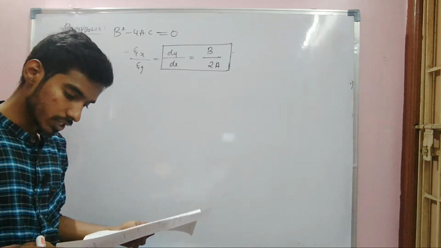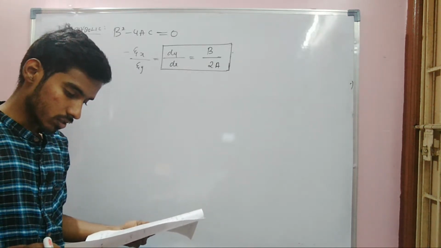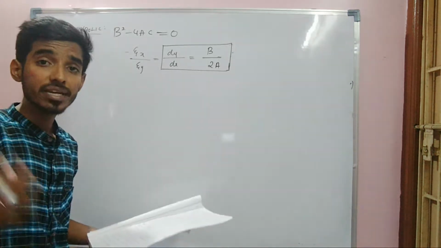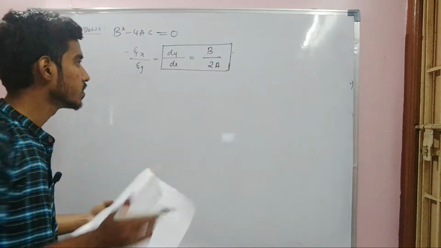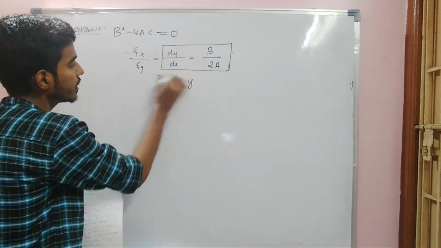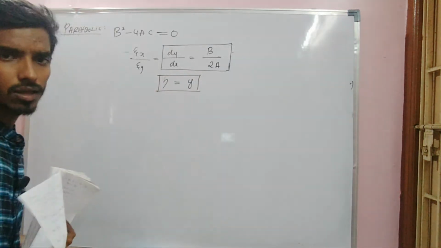Eta can be chosen in a way such that the Jacobian is not 0, right? So I'll always recommend you to choose eta to be equal to y, right? You can choose any eta.